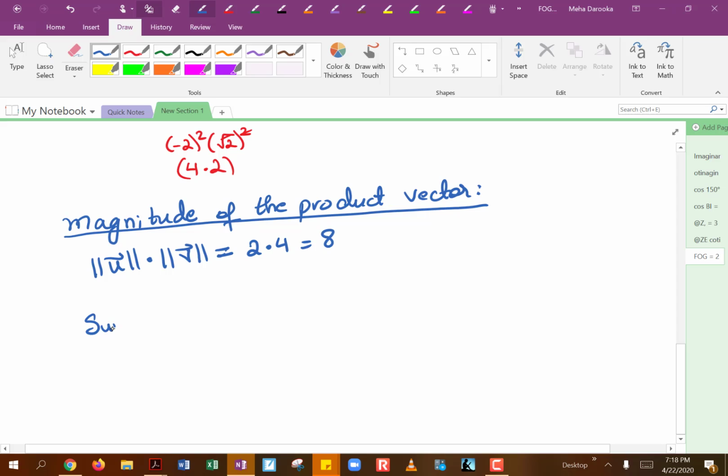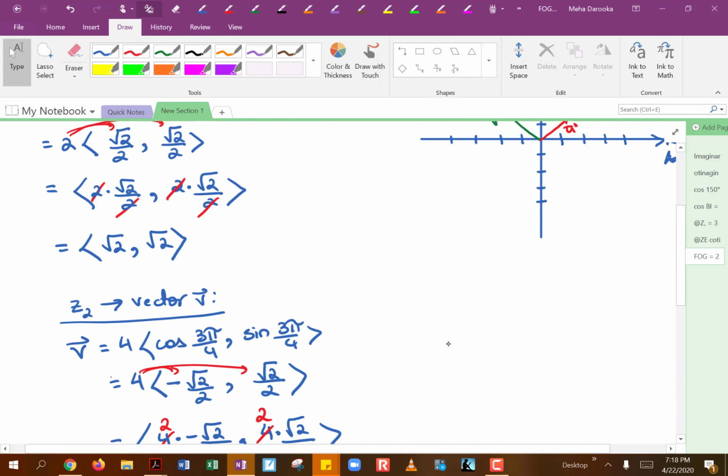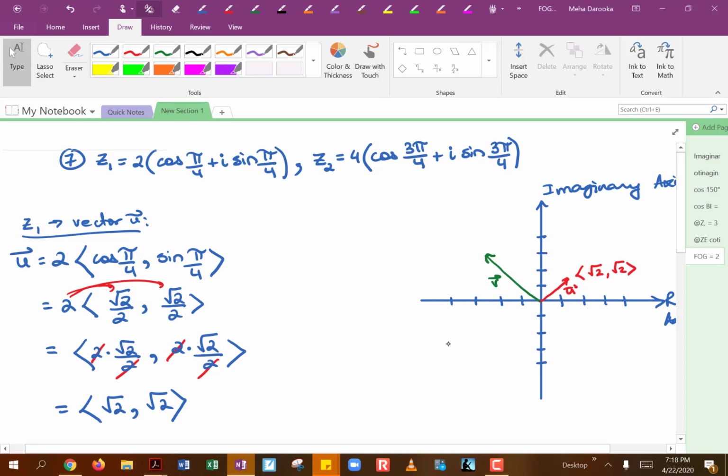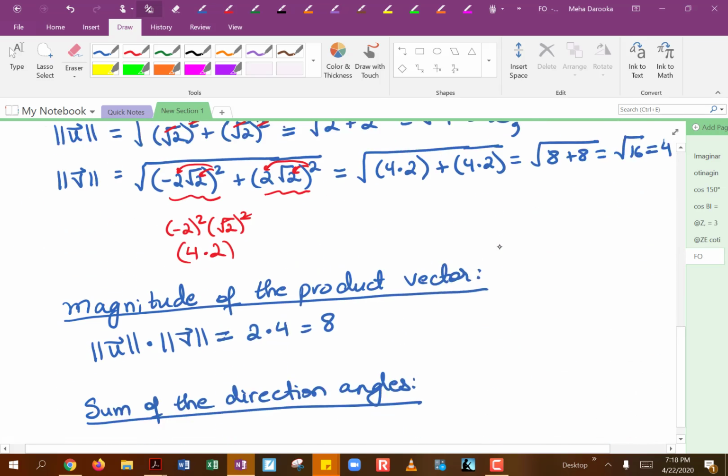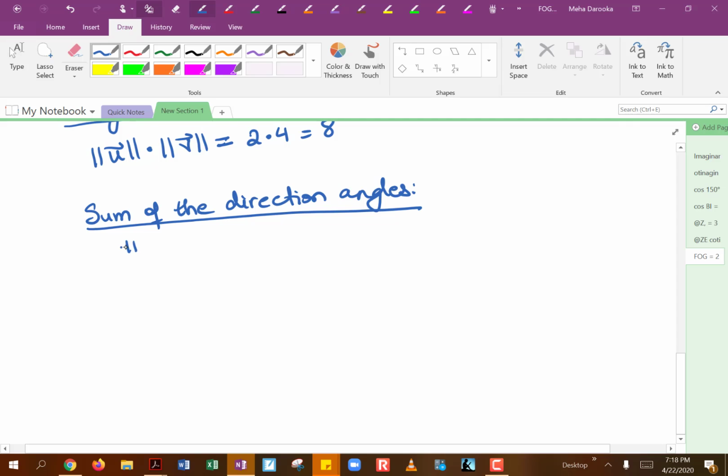This is where we take the sum of the direction angles. Our two angles were pi over 4 and 3 pi over 4. Here you can see we have a common denominator, so we can just add the numbers on the top, which will be pi plus 3 pi.